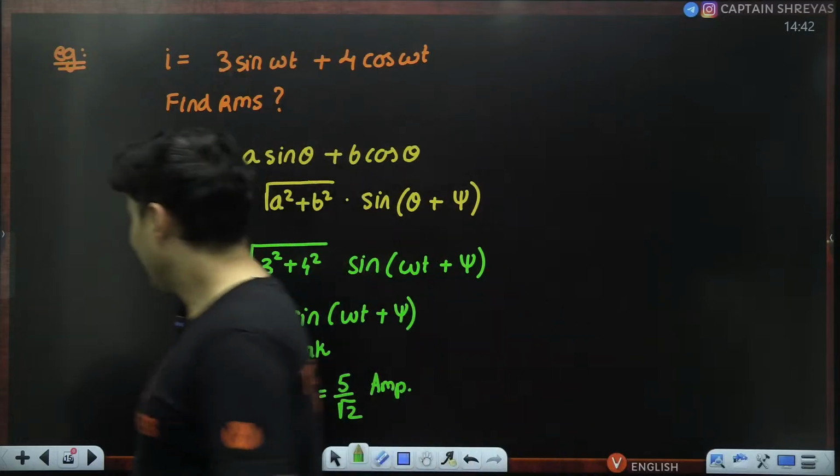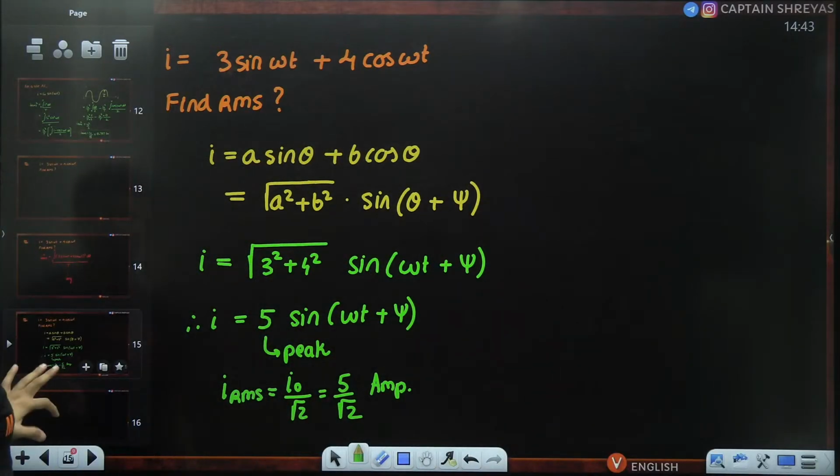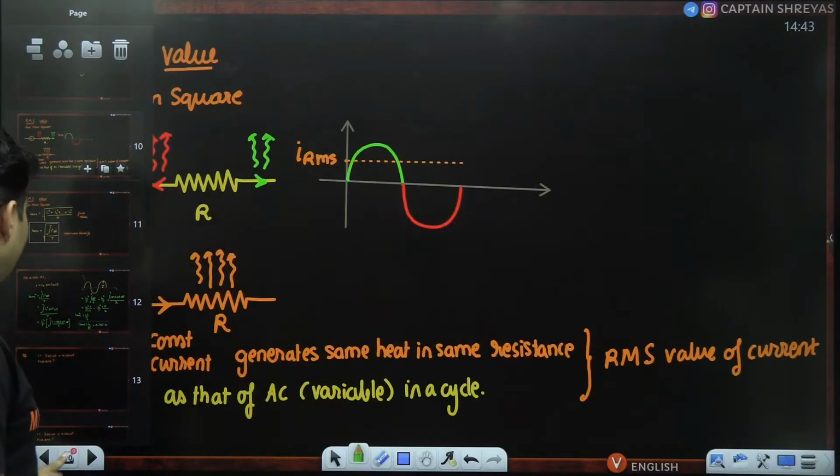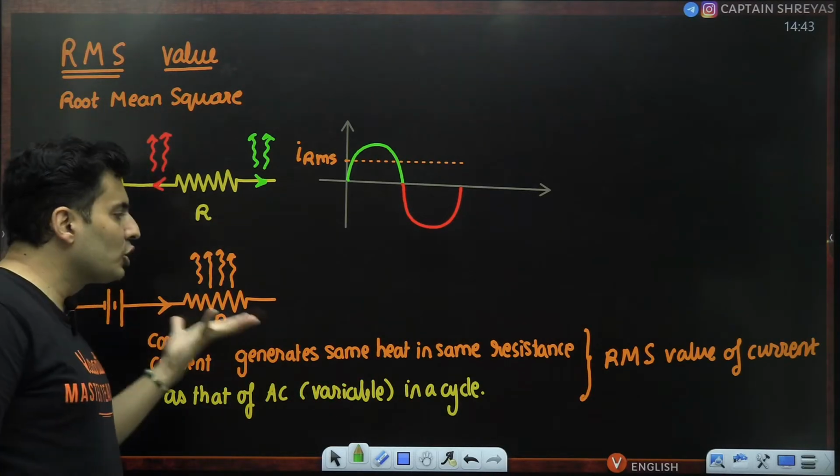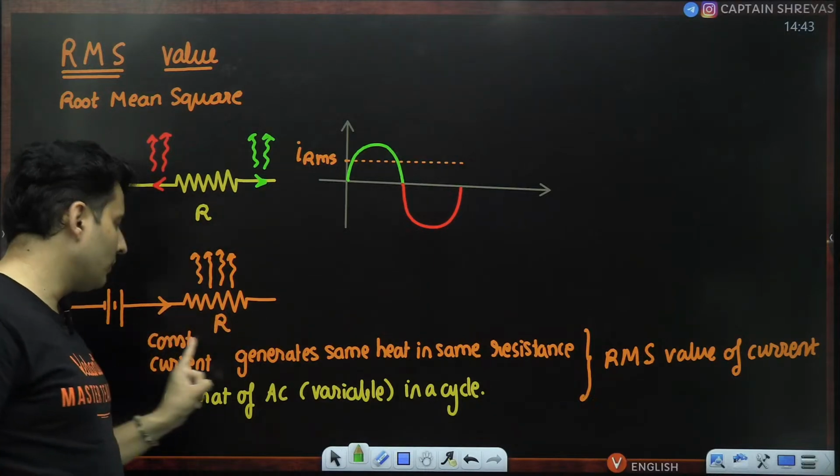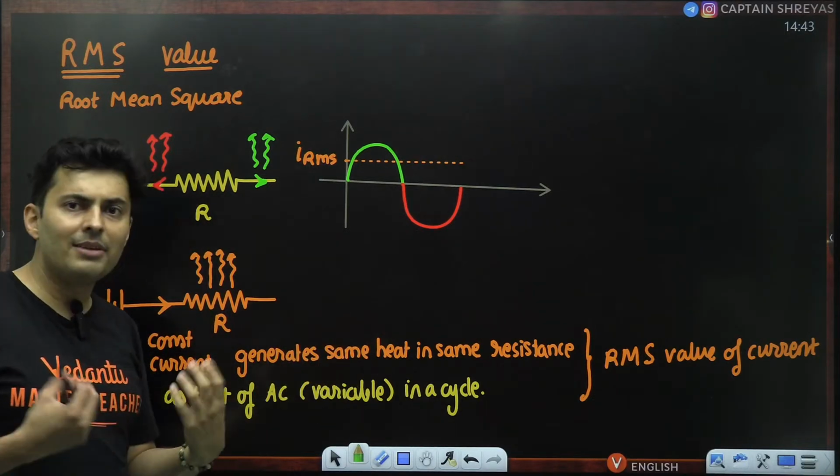Okay, cool. Great. So that was RMS. Now you will be like, sir, why RMS? Why did we learn RMS? One advantage is it helps us visualize that alternating current in terms of a constant current, which is delivering the same power.